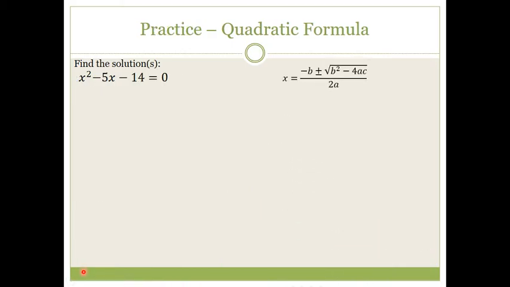All right, so you try one. First, I want you to identify the a, b, and c. All right, so a is 1, b is -5, and c is -14. And you go ahead and substitute those into the quadratic formula.